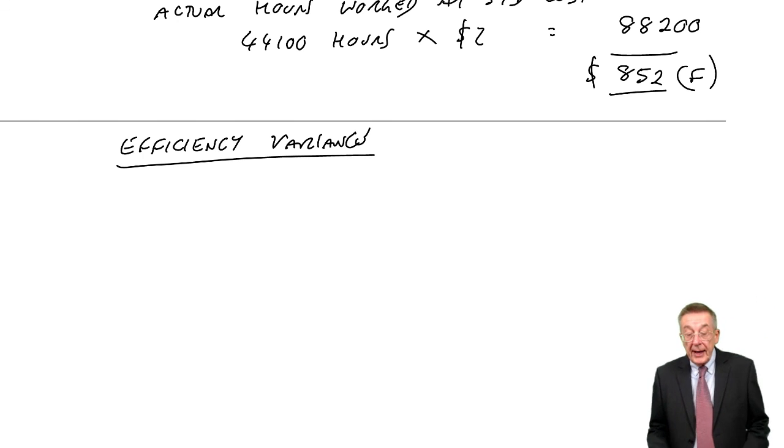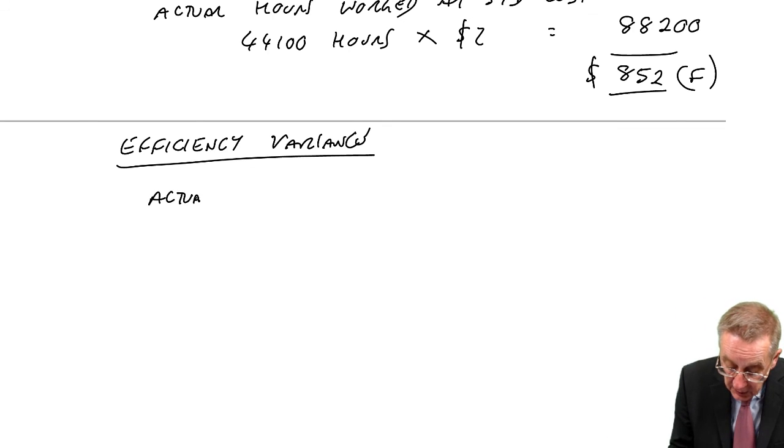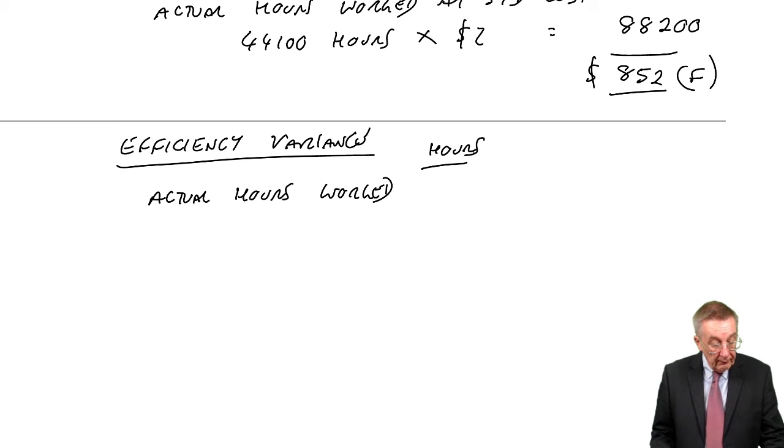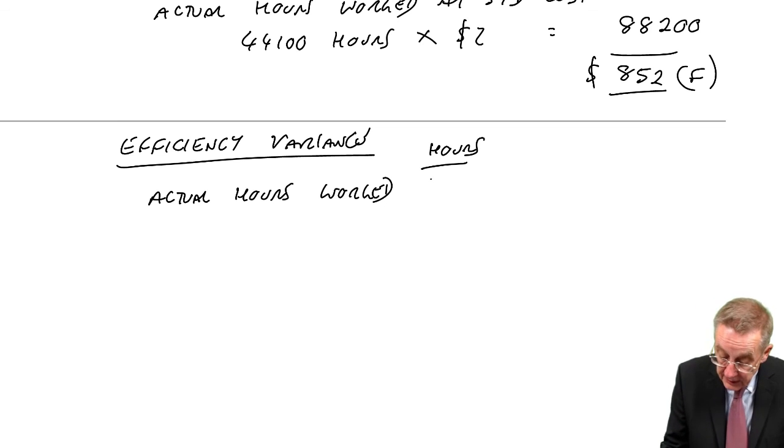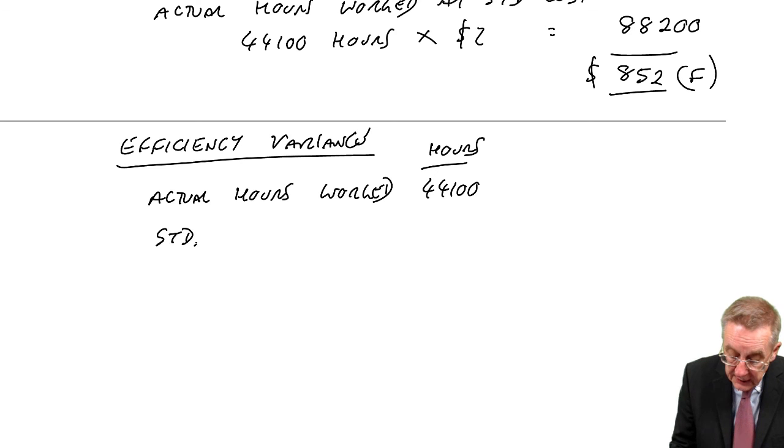To see whether they were quicker or slower, compare the actual hours worked, 44,100, with the hours they should have worked, the standard hours for the actual production.